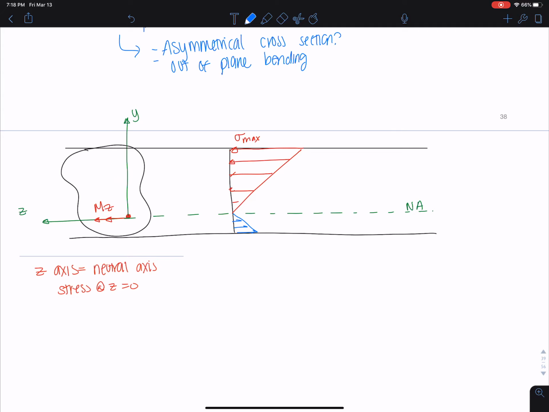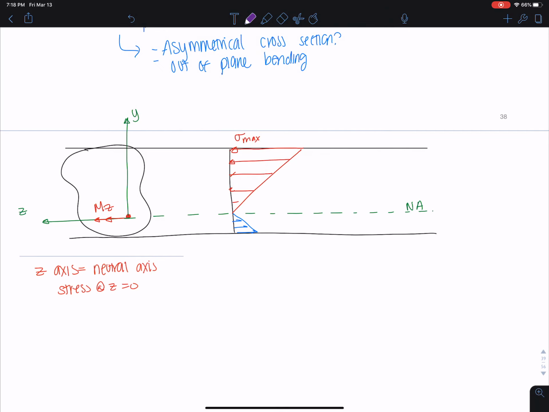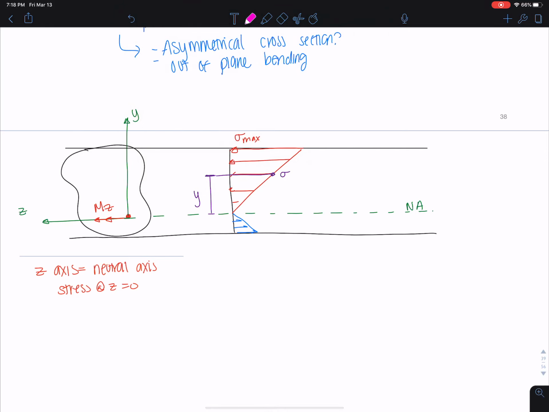Okay, and let's say we define again our y value would be any point we want to find some sigma at, and then of course we also have our c value, which is the max distance from our neutral axis to the outer plane, or the outer surface.